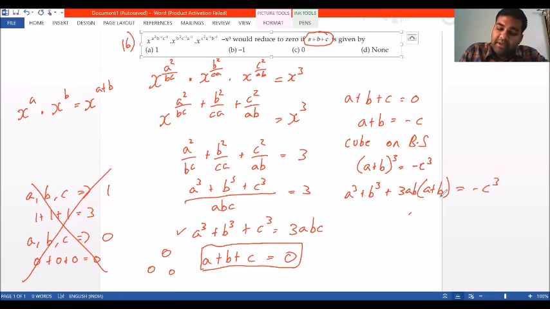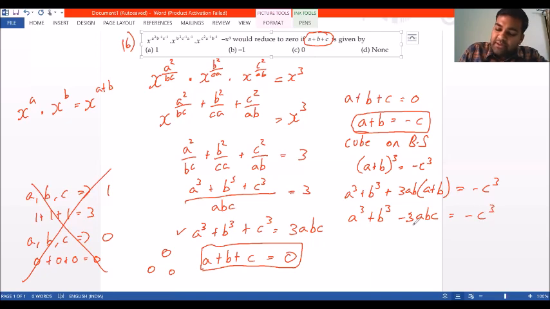What is A plus B? A plus B is nothing but minus C. Let me substitute the value of A plus B as minus C. A cube plus B cube minus 3ABC is equal to minus C cube.